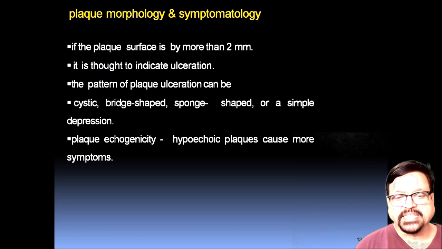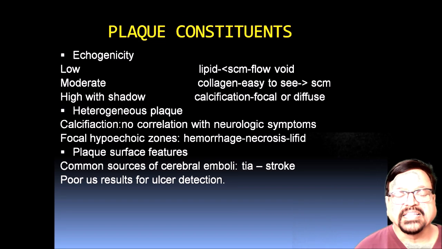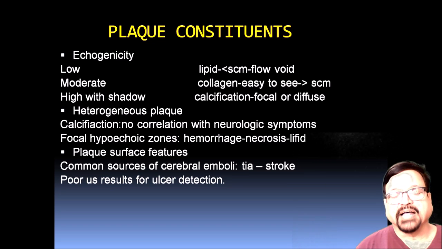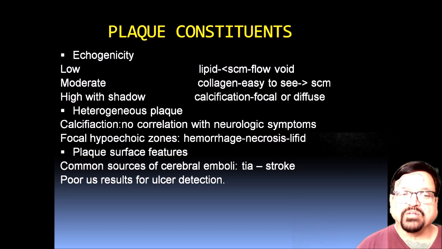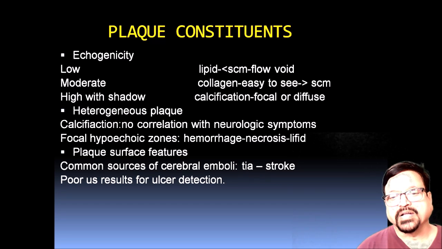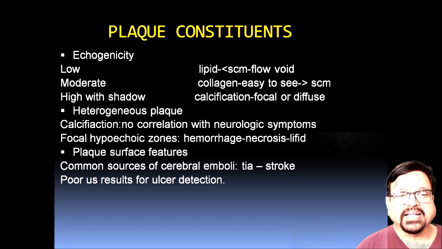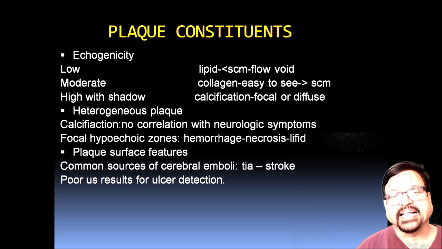The plaque echogenicity: the hypoechoic are more symptomatic. Then what constitutes the plaque? The plaques are constituted as follows. If the plaques are of low echogenicity, they have lipid. If the plaques are moderately echogenic, they have collagen. And if the plaque has high echogenicity, they contain calcium.